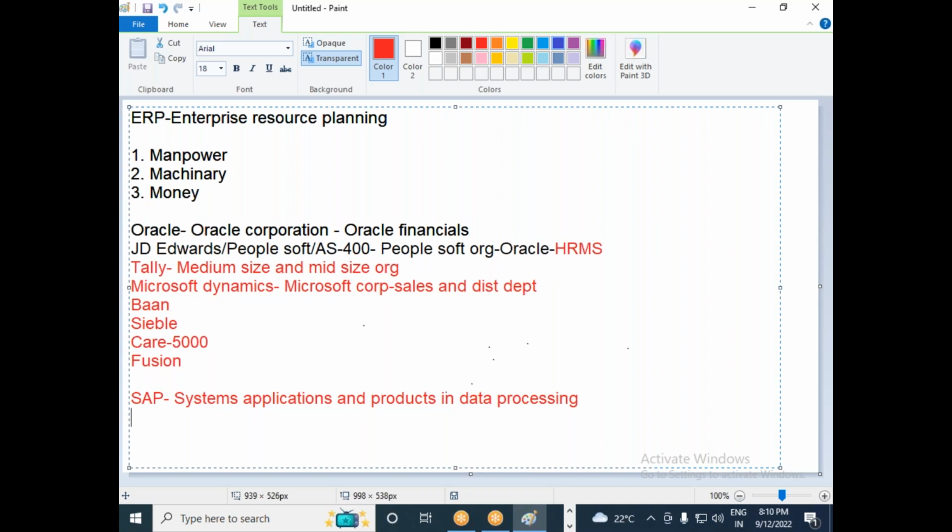So let us say our company wanted to give an intimation to the bank regarding the payment processing to the vendors, right? In such cases, there will be some connection between the company's SAP system and the bank. Let us say the bank is using an Oracle system and our company is using a SAP system.